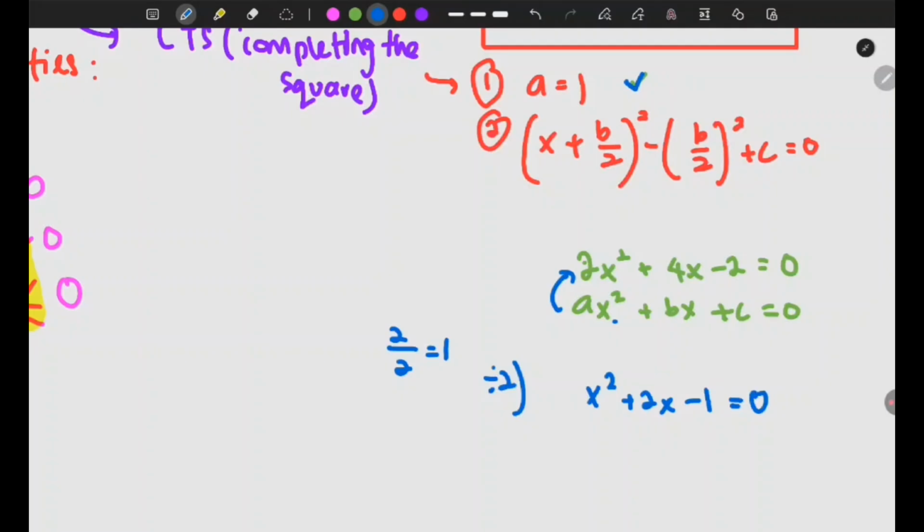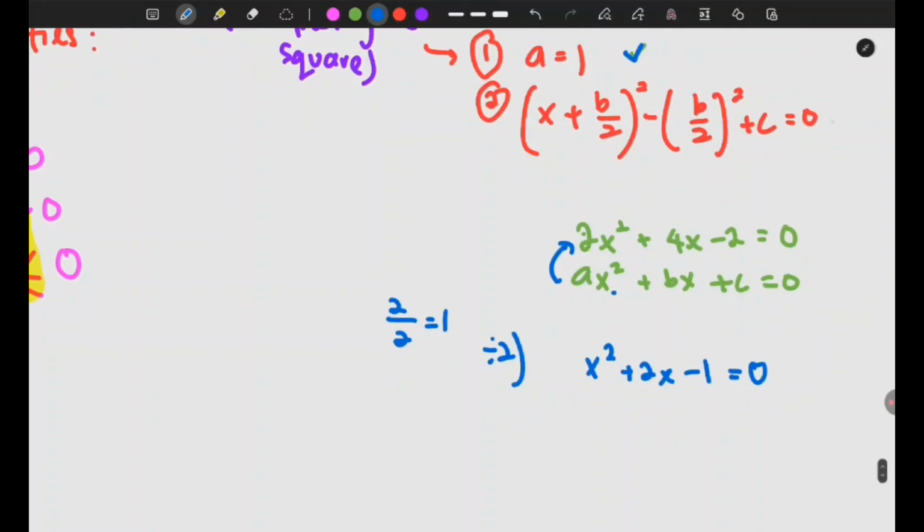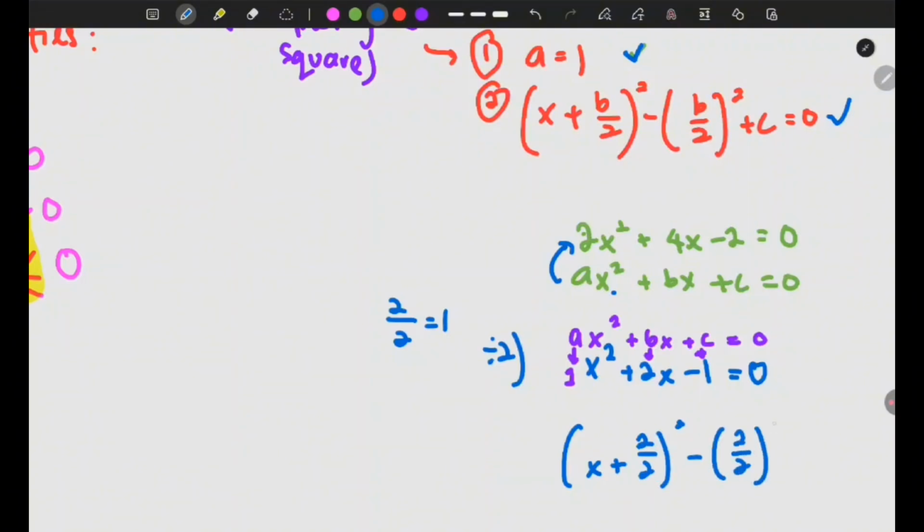Just sub inside the equation, inside this formula, which is the second one. So just put everything inside. X, what's your b? Follow this. This is your a, which is equals to 1, and your b is equals to 2, your c is equals to 1. This is your new equation. Follow the new equation. So x plus 2 over 2 squared minus 2 over 2 squared minus 1, which is your c, and this will be equals to 0.